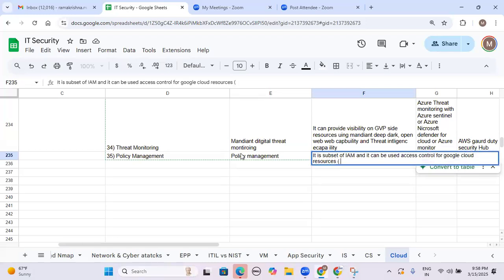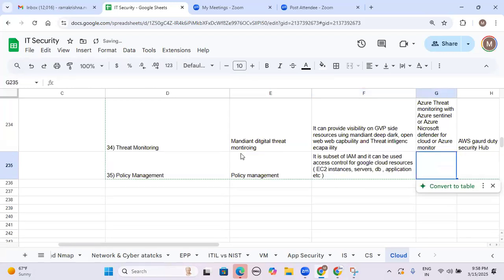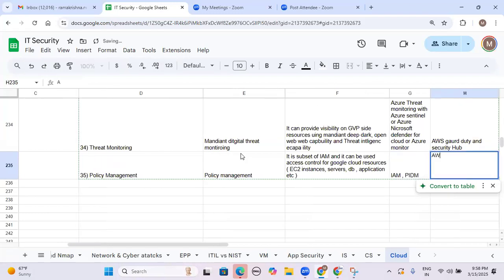Those resources may be EC2 instances, servers, databases, applications, etc. This one we can call identity and access management, or privileged identity management. And here on AWS it is AWS IAM, identity and access management. Yeah, these are all. Okay.